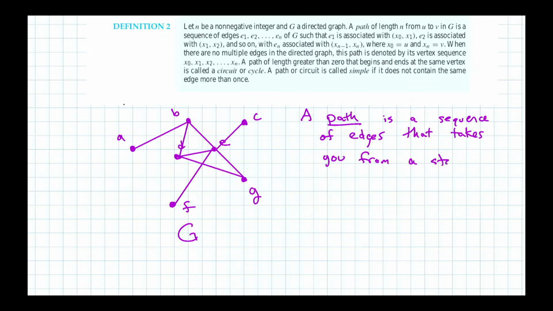It takes you from a starting vertex, let's just call it X0, to an ending vertex, Xn. And then we say that the path has length n.